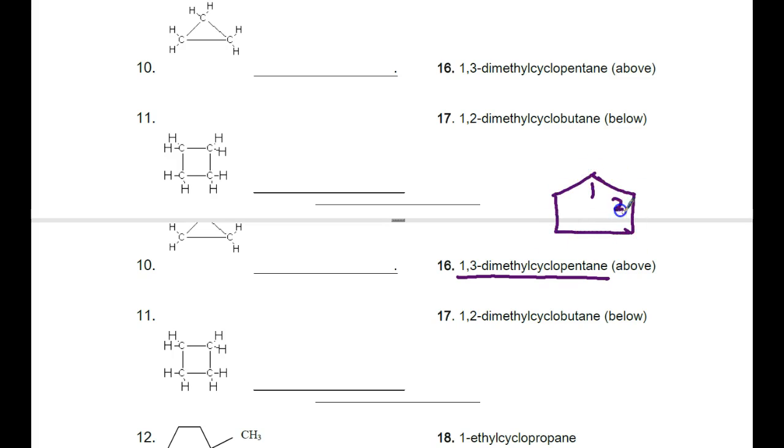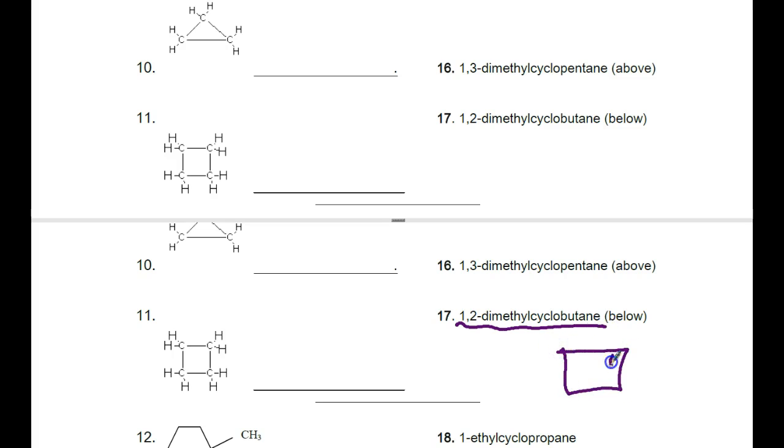And I think I'll call that one 1, 2, 3, 4, 5. Methyl. That's a 3, believe it or not. Let's look at this one, 1,2-dimethylcyclobutane. Again, it's a square. I'll call that one 1, 2, 3, 4. You can't switch up your numbering like that. And there's a methyl, and there's a methyl group.